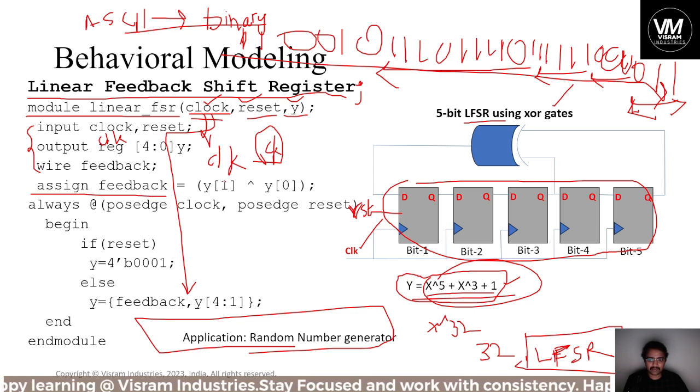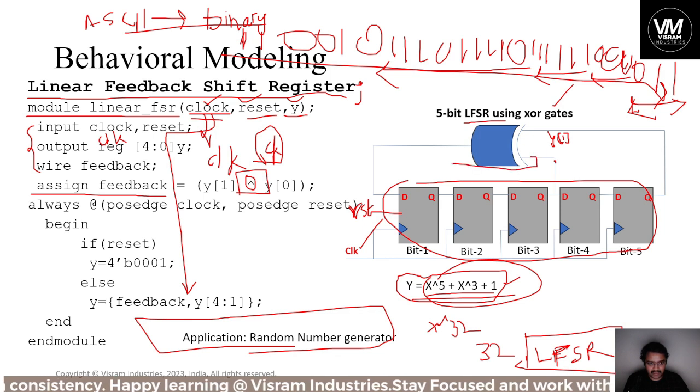Feedback value can be like an XOR value. This is an XOR operator. We have discussed operators, right? Remember, this is the XOR operator. Y of 1, some y of 1 value I have taken randomly. This connection can be taken from any of the inputs or any of the outputs, and then you can mention that XOR 0.